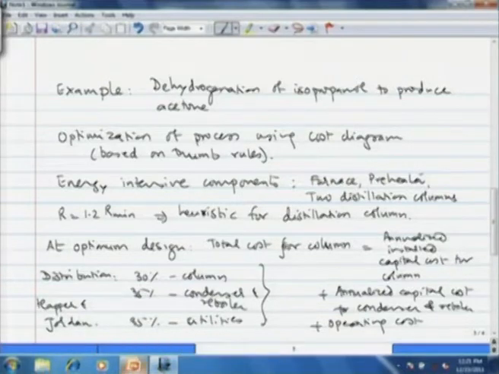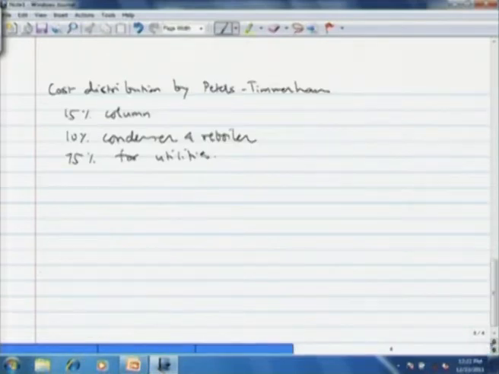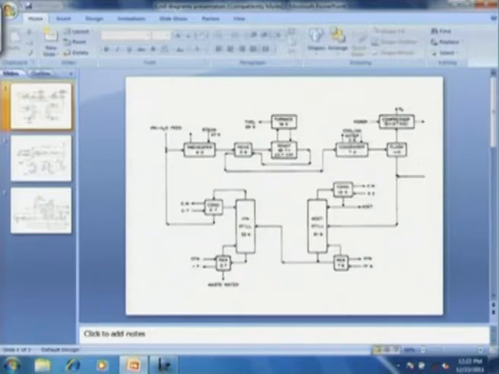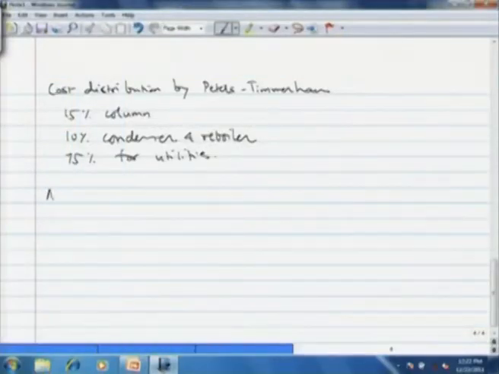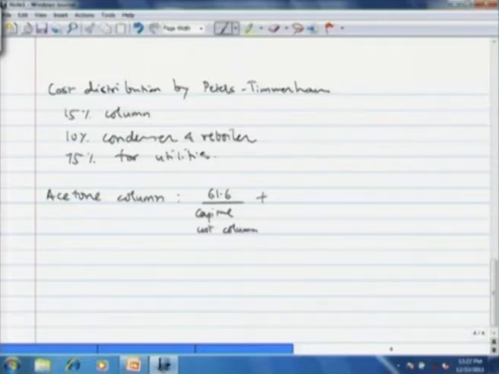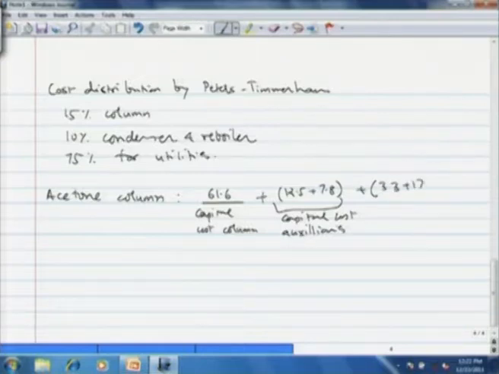Now, if we see the total cost of the column in the flow sheet, like for example column 1, the acetone column, what we see is that 61.6 thousand dollars is the annualized capital cost of the column, plus 12.5 plus 7.8 is the capital cost for the auxiliaries, the condenser and reboiler, and the total operating cost is 3.3 plus 17.9.